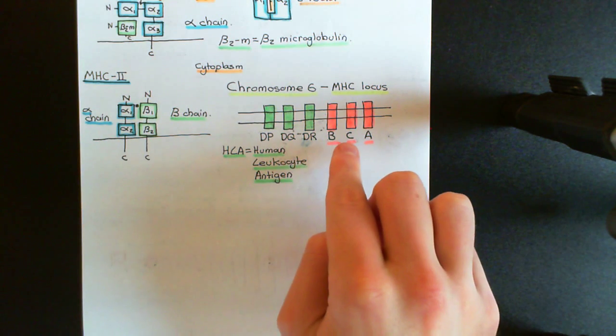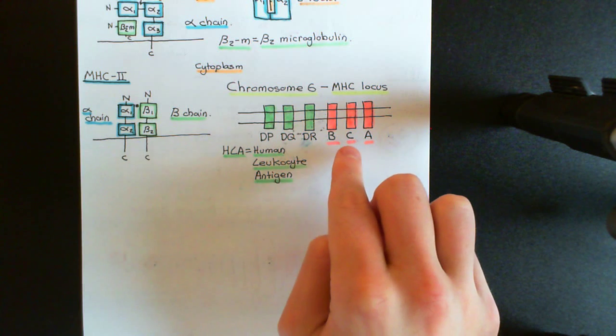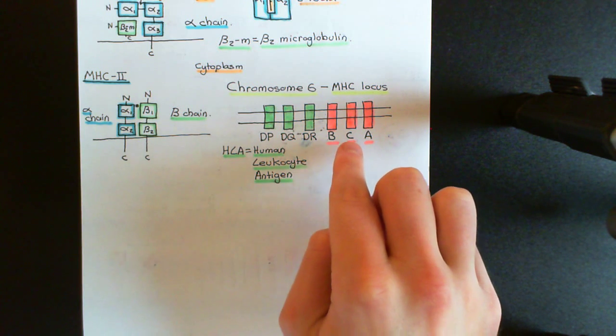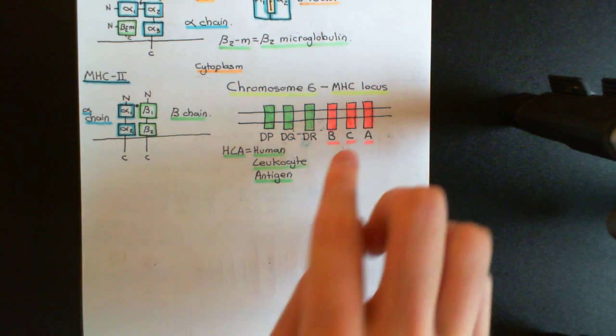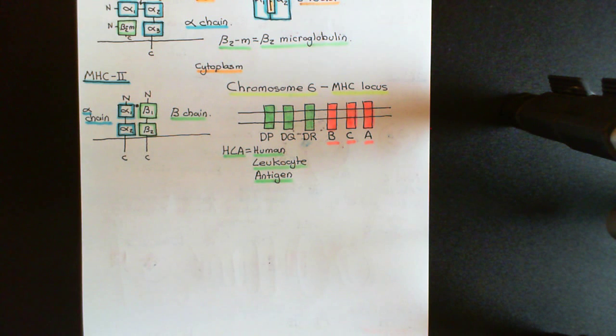You can produce HLA-C type MHC class 1 protein complexes, which is where you've used alpha chains from the HLA-C locus here. And you can produce HLA-A type MHC class 1 protein complexes, which is where you've used alpha chains from the HLA-A locus of the MHC locus here.